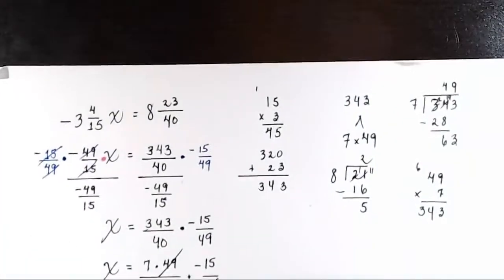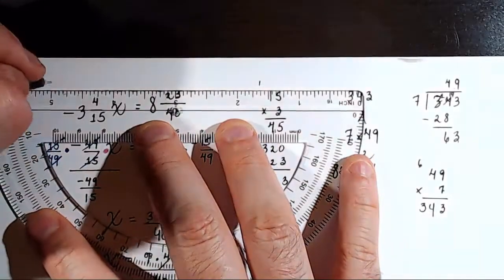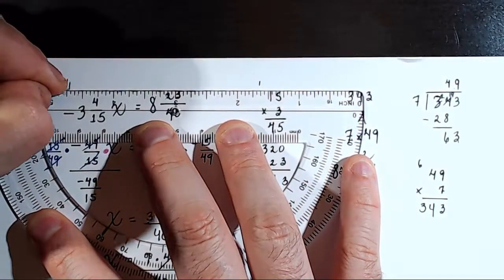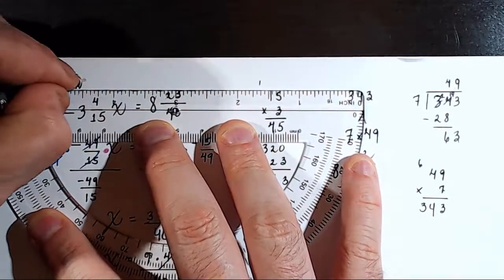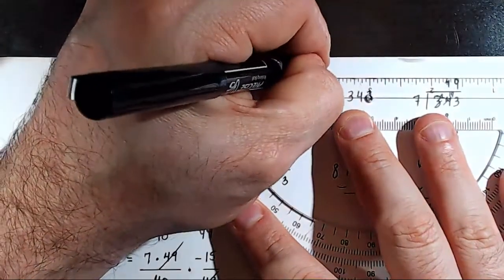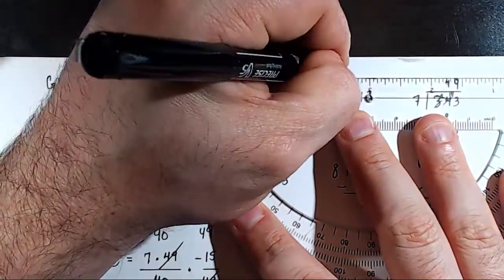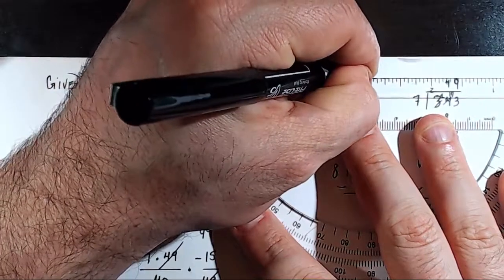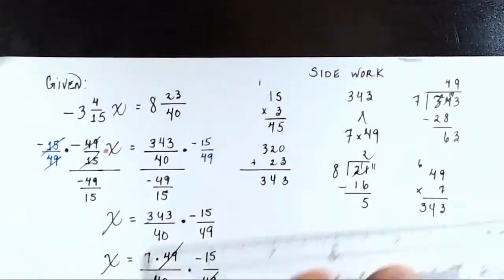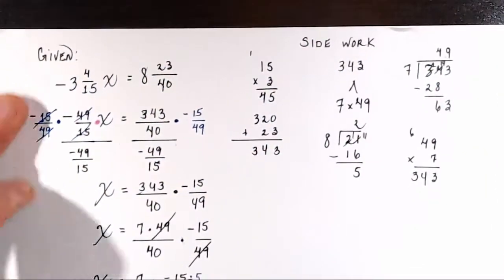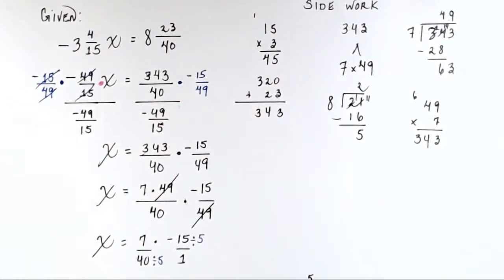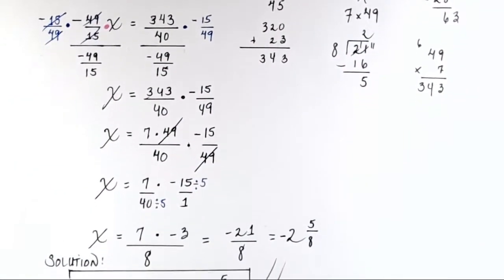We go back up. Here is what we were given. And here is our side work. And once again, just to reemphasize, the orientation and layout of this paper is nice and neat.